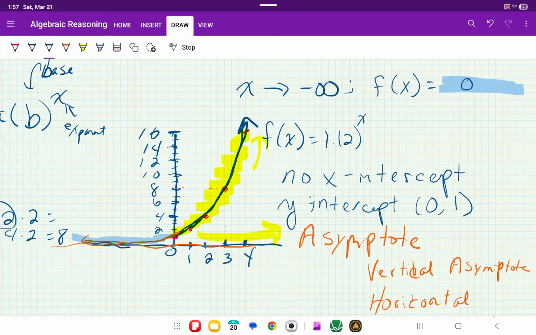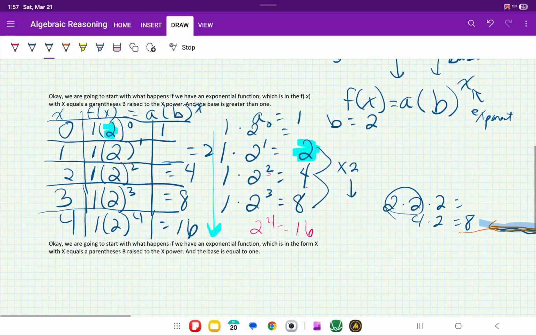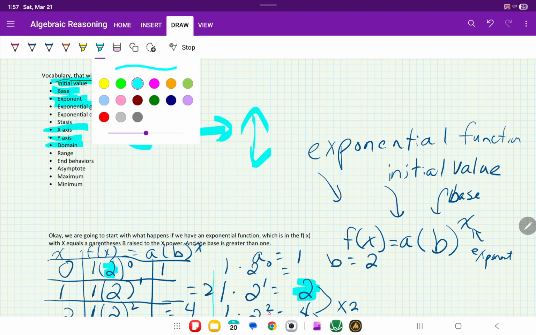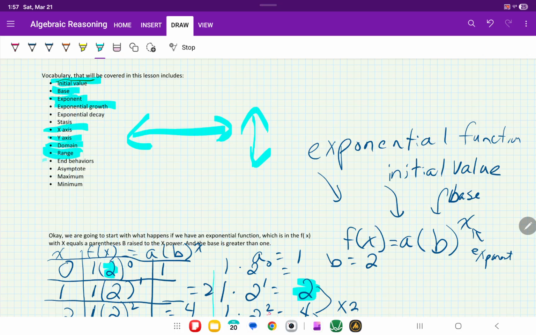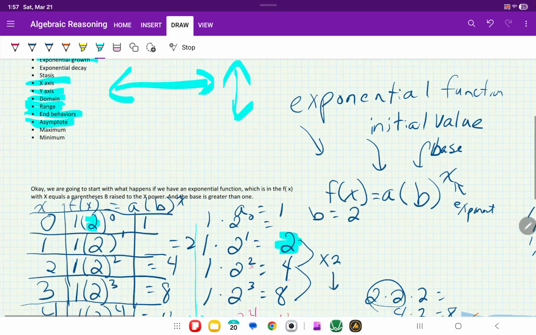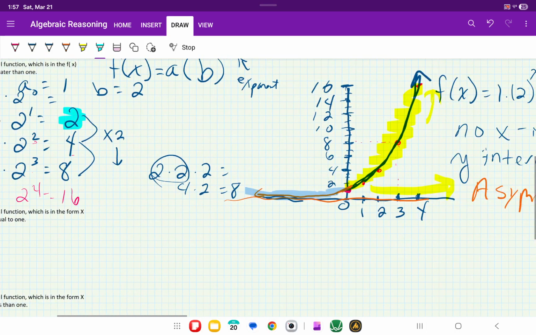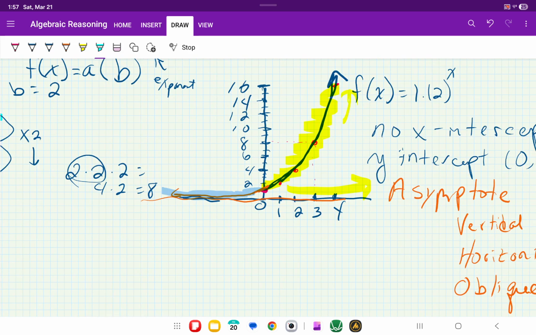Okay, back over here. We have covered our range, our end behaviors, asymptote, and maximum and minimum. We've got our range, we've got our end behaviors, we talked about asymptote. Maximums and minimums: we can have absolute maximums and absolute minimums. But if I look at my graph, I can see that there's not a specific point where it is just slightly greater than 0.